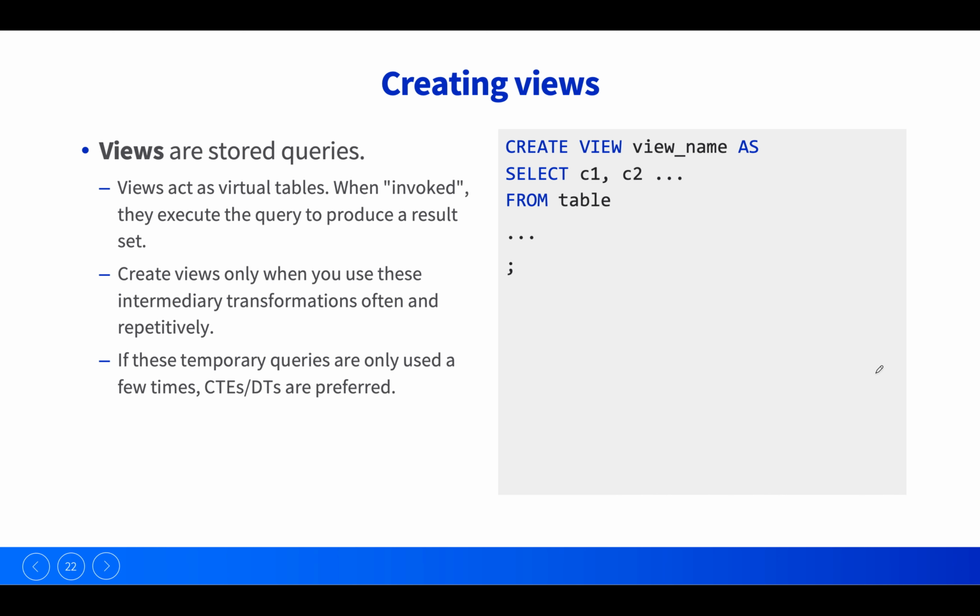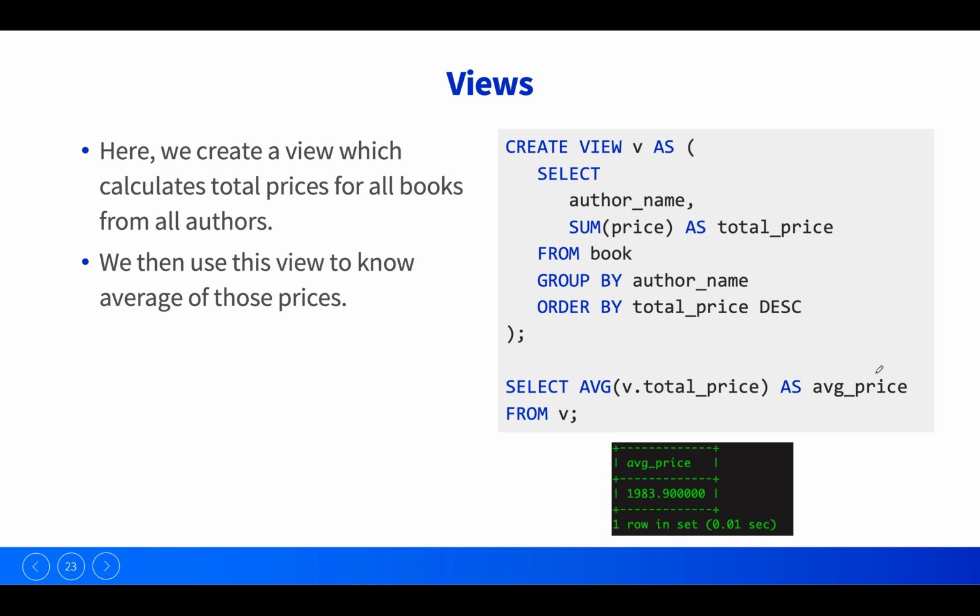Create view, view name, as select C1, C2 from table. So it's very similar to creating a table in SQL. However, the difference is that instead of providing column names for creating a table, we're providing a query. Here, we go back to our previous exercise where we wanted to calculate the total prices from all books, from all authors.